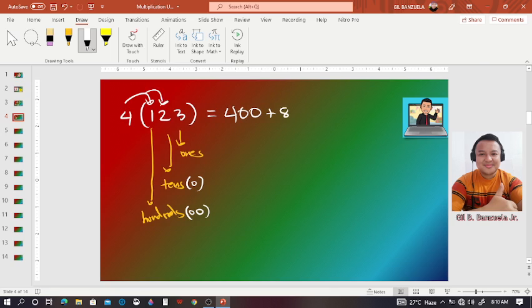So, you have 8. Sabi ng isip mo, dahil nasa tens place siya, we need to add 0. So, meron kang 480 sa isip mo. Then, i-ready mong i-multiply yung 4 at saka yung 3. So, meron kang 12. So, kung may 480 ka plus 12, edi meron kang 492, all in all.